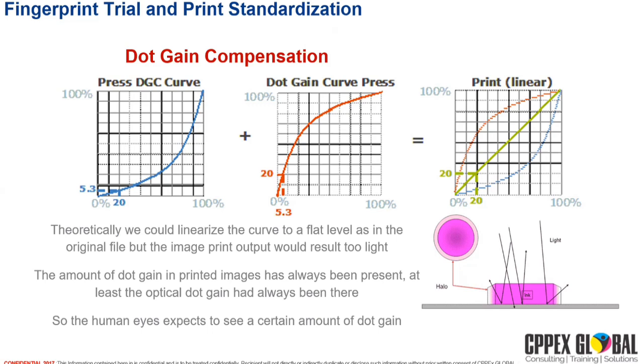The amount of dot gain in printed images has always been present; the optimal dot gain has always been there. The human eye expects to see a certain amount of dot gain. For actual dot gain, you need to use a spectrodensitometer or different types of instruments to measure what type of dot gain, how much dot gain you are receiving on your print run.